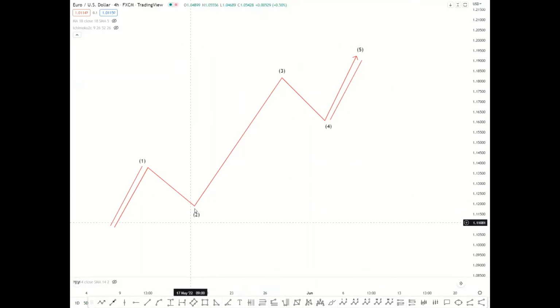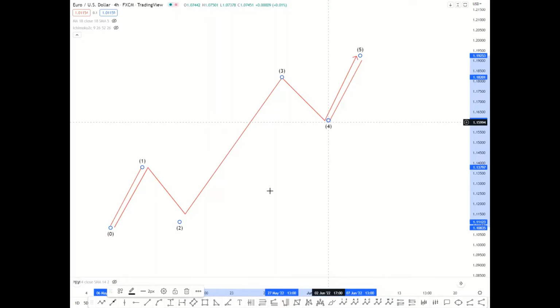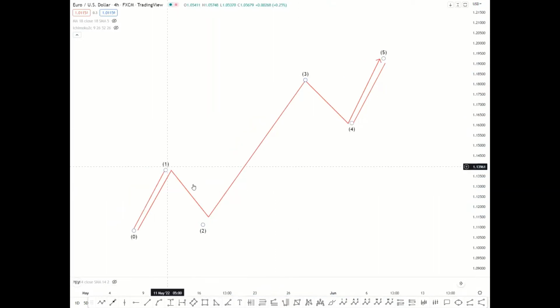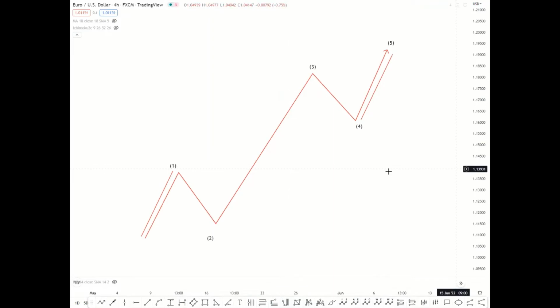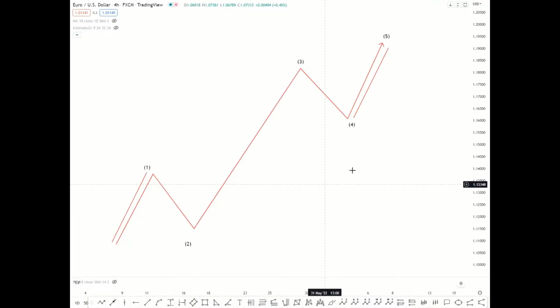Let's find the termination of wave 2 and wave 4, which is something we're always going to be stressing about, because once you see a correction, you want to know where it ends so that you can buy. So in most cases, we're focusing on that, and we're focusing on the trend itself. Let's try to find the termination of this correction.